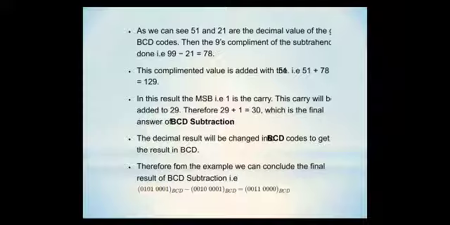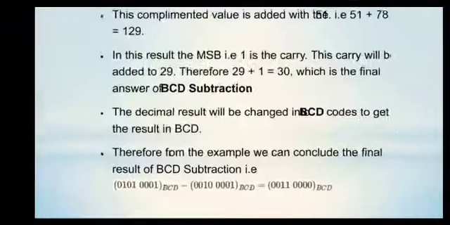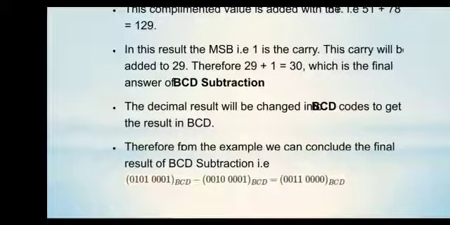Therefore, from the example we can conclude the final result of BCD subtraction. Here 0101 and 0001 means 51, minus 0010 and 0001, which means 2 and 1, so 51 minus 21.